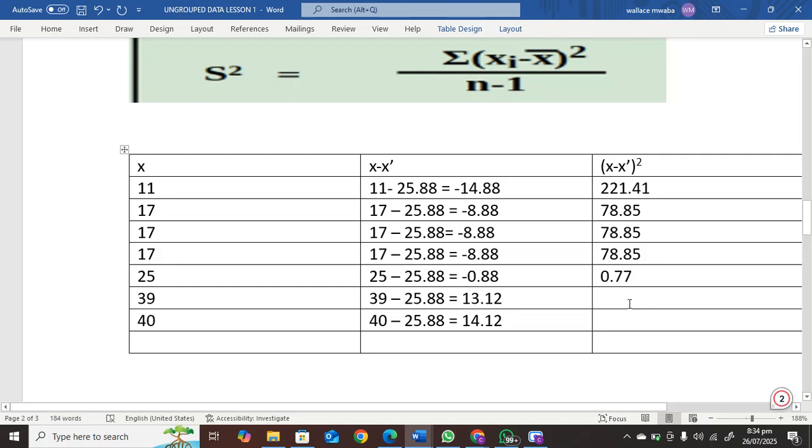Then the next one, 13.12 squared, gets 172.13. Then 14.12, you get 199.37. Colleagues, any questions? Are we all okay with this?